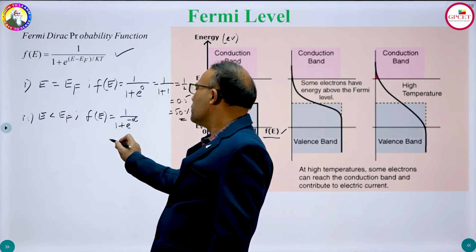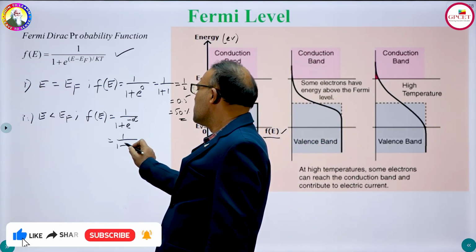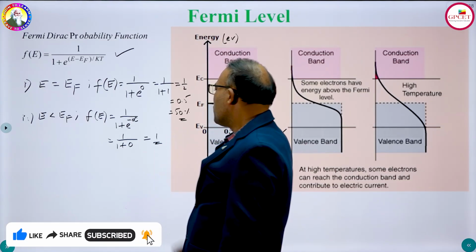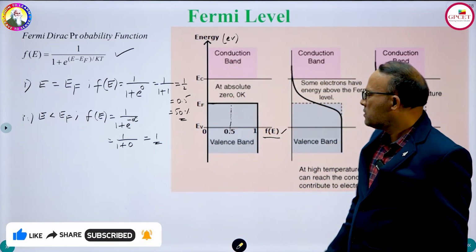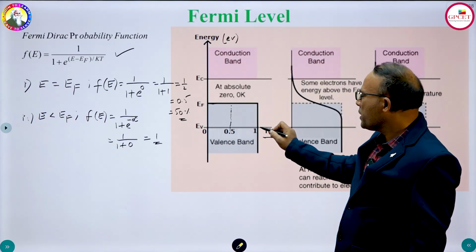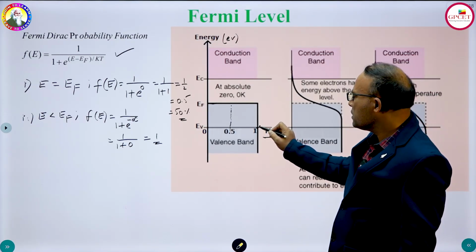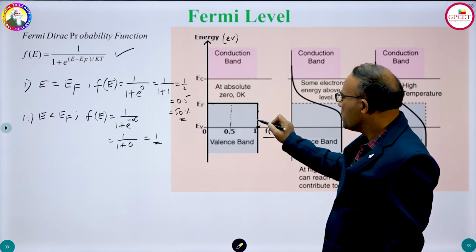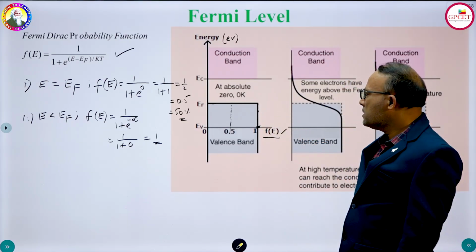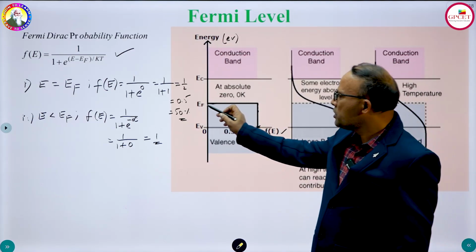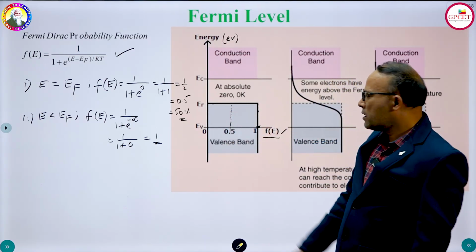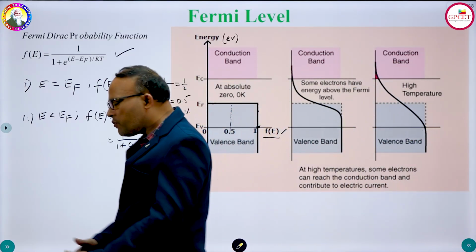That is equal to 1 by 1 plus e power minus infinity, which is 0, that is equal to 1. So the occupied energy states are 1. So the probability of occupying the energy level is 1. That means if E is less than Ef, the occupied energy states have a probability of 1.